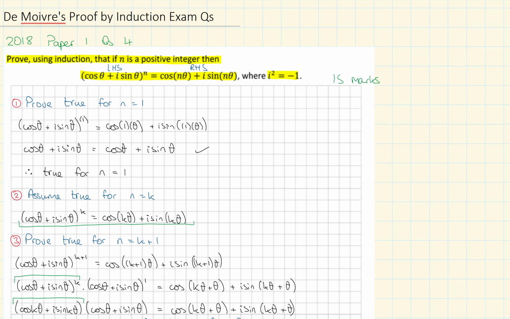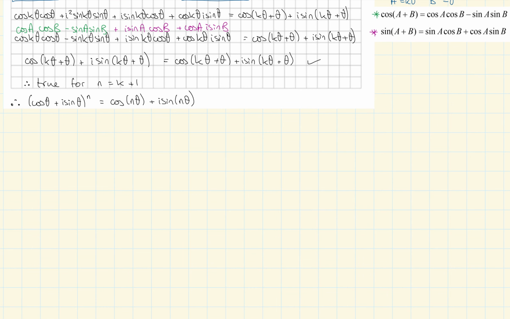And then for all n element of the natural numbers, usually would be our statement, but in this case we don't need it. And then our copy and paste bit, as we have proved true for n equals 1 and n equals k plus 1, assuming true for n equals k.